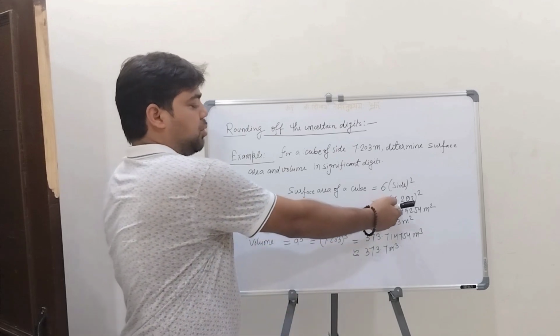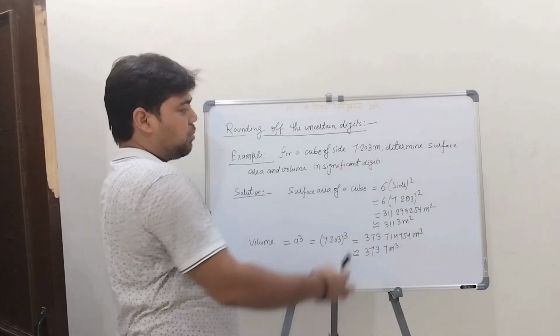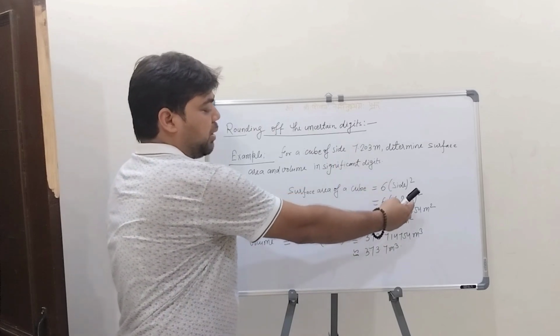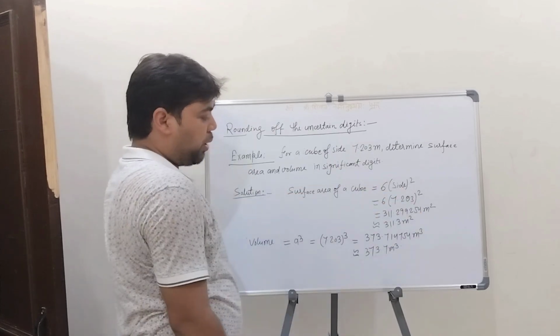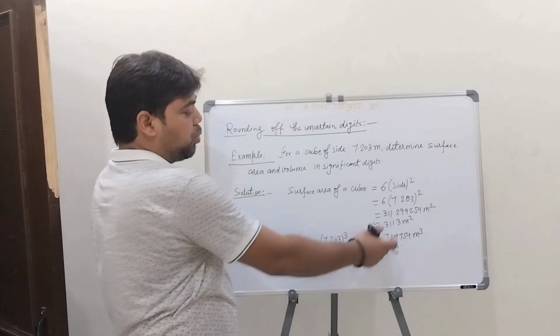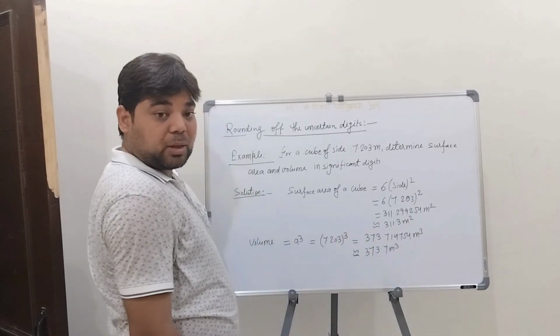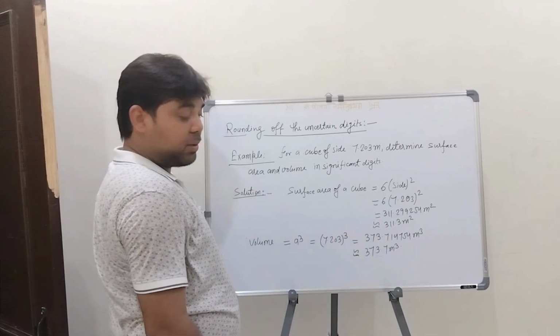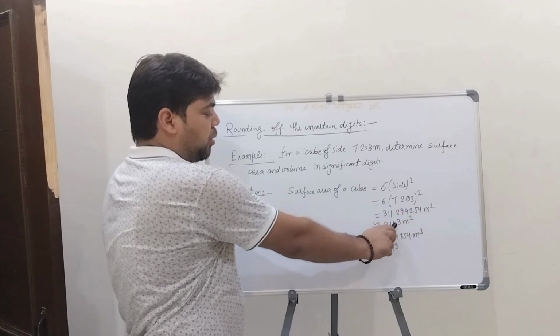So just put this value 7.203, which is the length of the side, and when you multiply and calculate it, you will find that it is 311.299254 meters square.